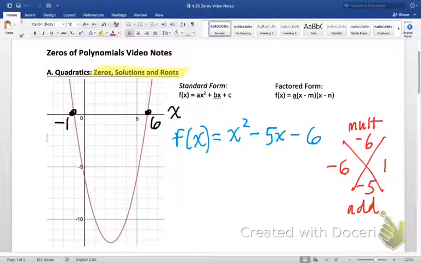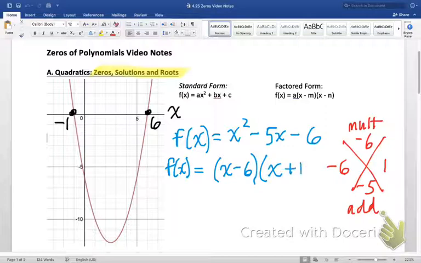So that's telling me how to factor. That's telling me that my factored form would be f of x equals x minus 6 times x plus 1.